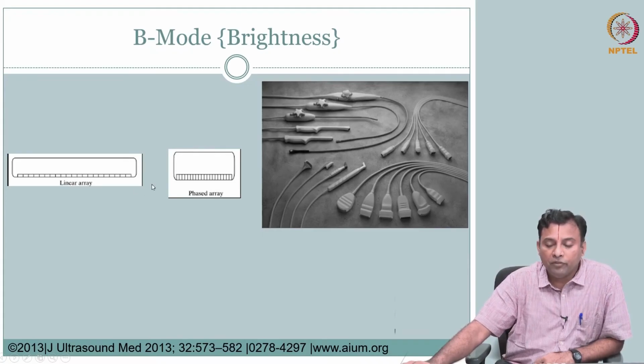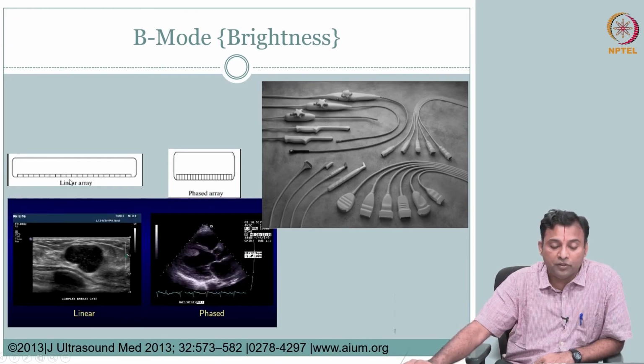So, before we jump, we will have an overview. Why do people use different transducers for different applications? So, your image format will also be different. With a linear array, you will get a typical rectangle, whereas in phased array, you notice it is a pie shaped or sector shaped image.